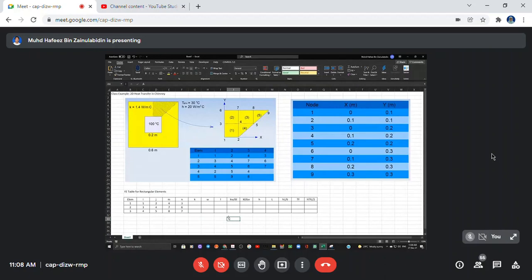Okay. Actually, the numbering here is not optimized. Remember from the rule, the node number should be in increasing manner. For example here, 1, 2 is okay, increasing. 2 to 4, still increasing. But here 4, 3, so decreasing. 1, 2, 4, 3. So this is not good numbering. We will have a problem later on if we put the numbers in decreasing manner.